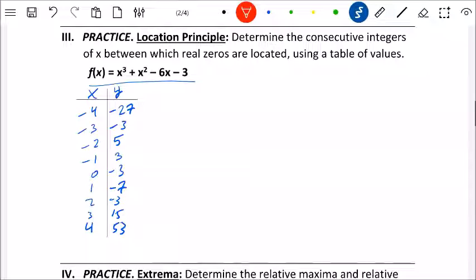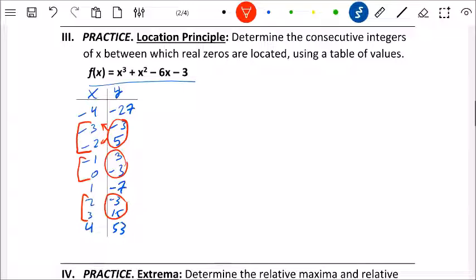So now what I see, I do see sign changes here. In fact, it looks like there's a sign change here, and then a sign change here, and another sign change here. So these two x values, I'll do something like that to show, that's where the sign change happens between, and then the same thing with these two, and then the same thing with these two.